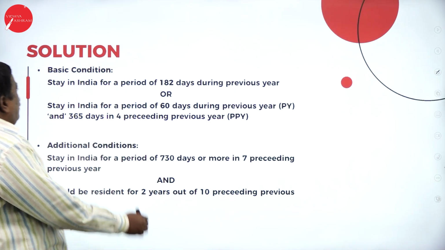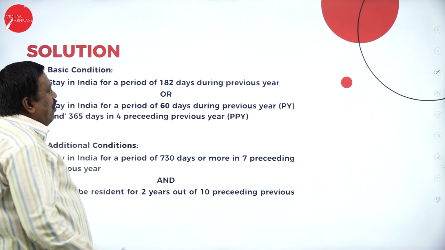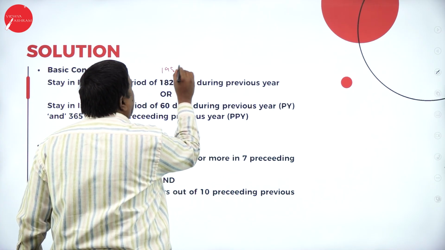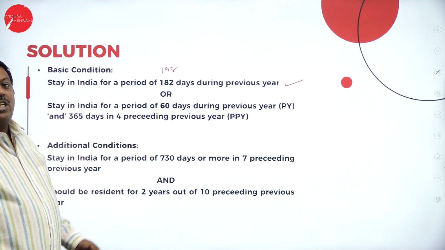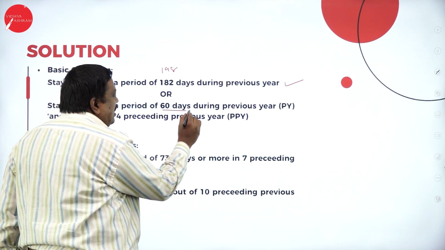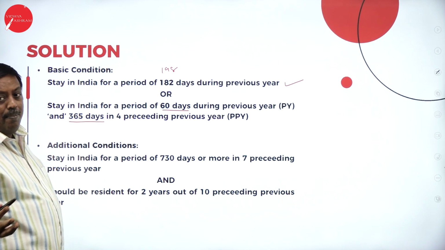See, what is my first basic condition? Stay in India for a period of 182 days or more during previous year. I have stayed here 198 days. So I have satisfied my first basic condition. What is my second basic condition? I should stay in India for 60 days during previous year and 365 days in 4 preceding previous years.